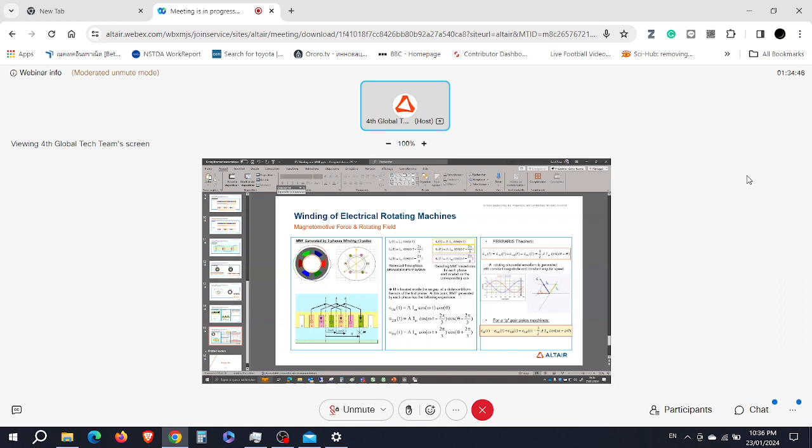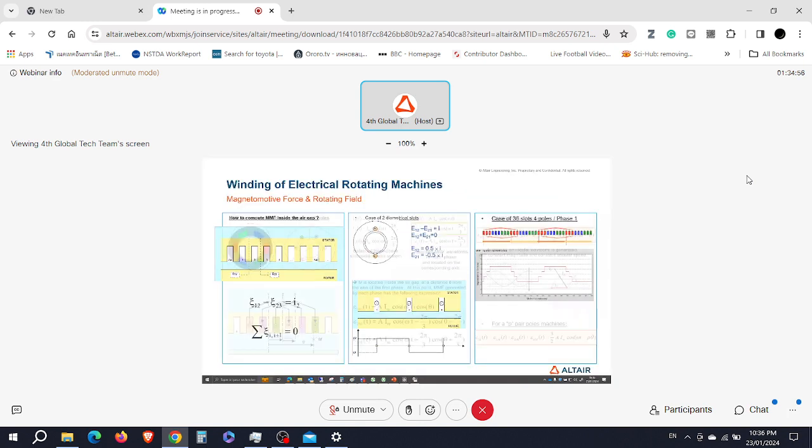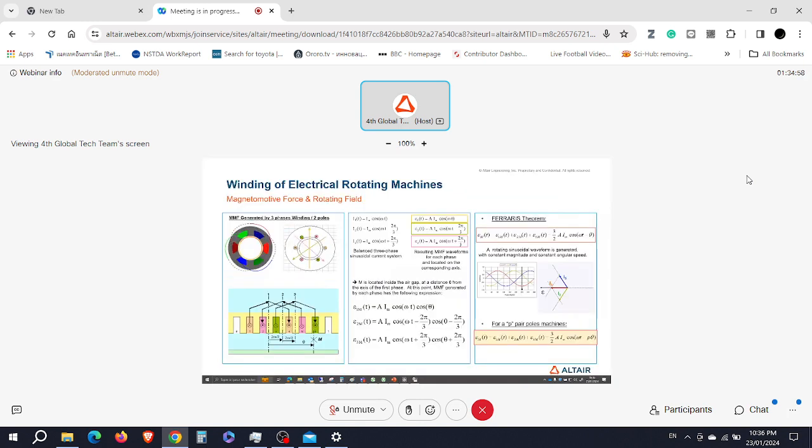And then if we make a sum of these 3 MMF, for each time we will have a location of the resulting MMF of these 3 phases.